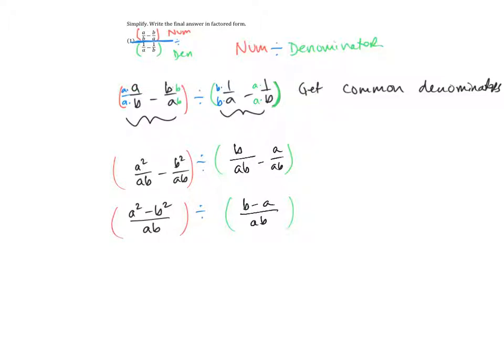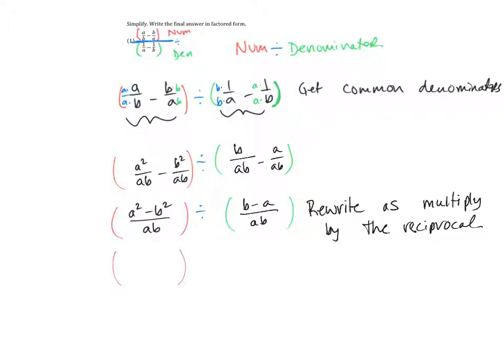Great, and now I can rewrite this division as multiplication, and we multiply by the reciprocal of that second fraction. So I'm going to rewrite that as multiplication. It's the second fraction that I'm going to write the reciprocal of.